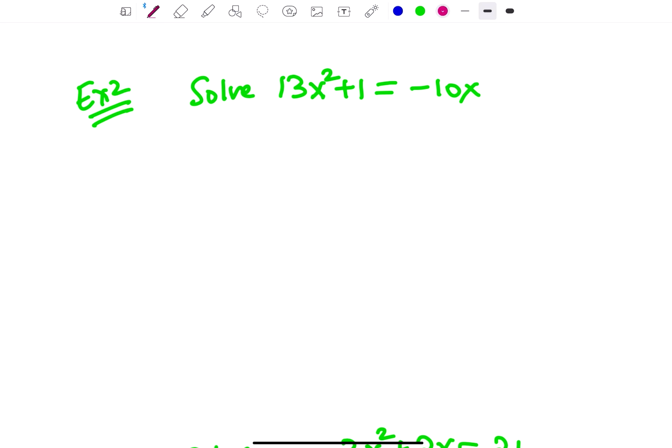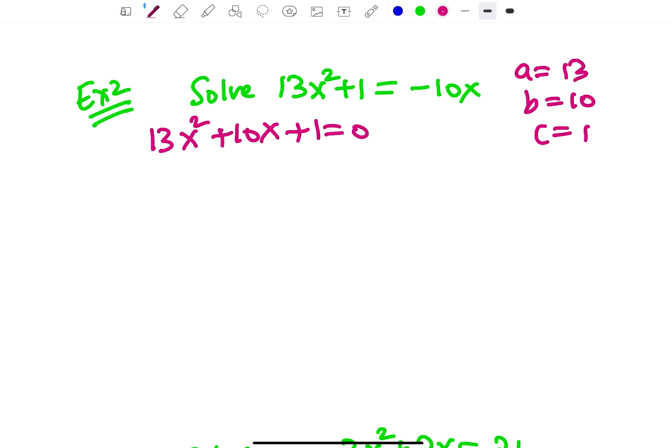See another example. Here we don't have the equation written in standard form because we don't have 0 on the right hand side. So the first step is to write the equation in standard form by bringing 10x to the left hand side. When we bring 10x to the left hand side, it becomes positive. Now my a is 13, b is 10, c is 1.